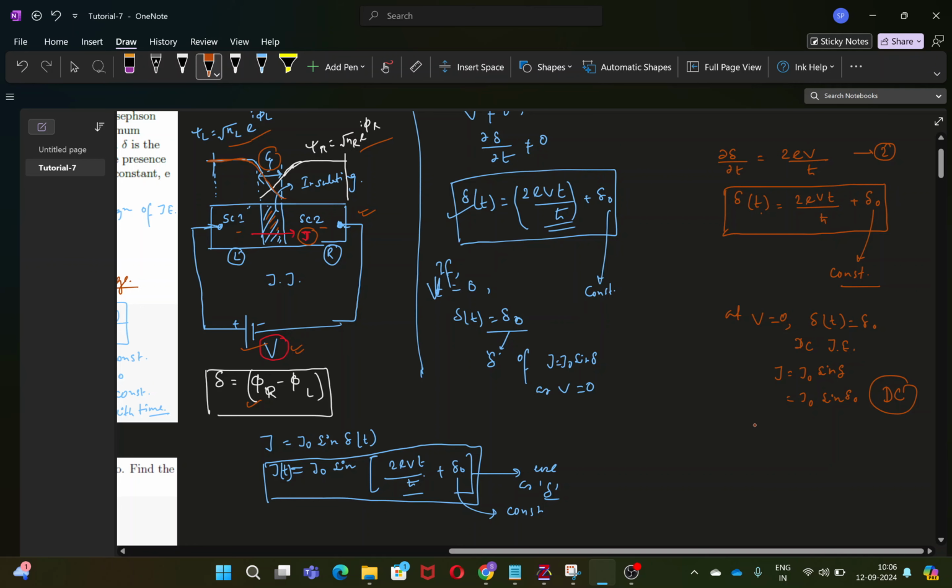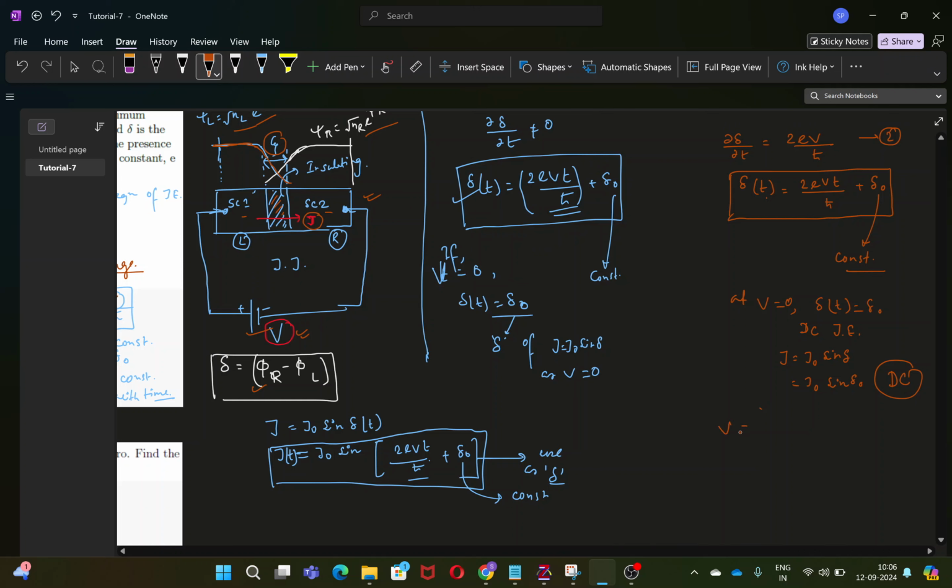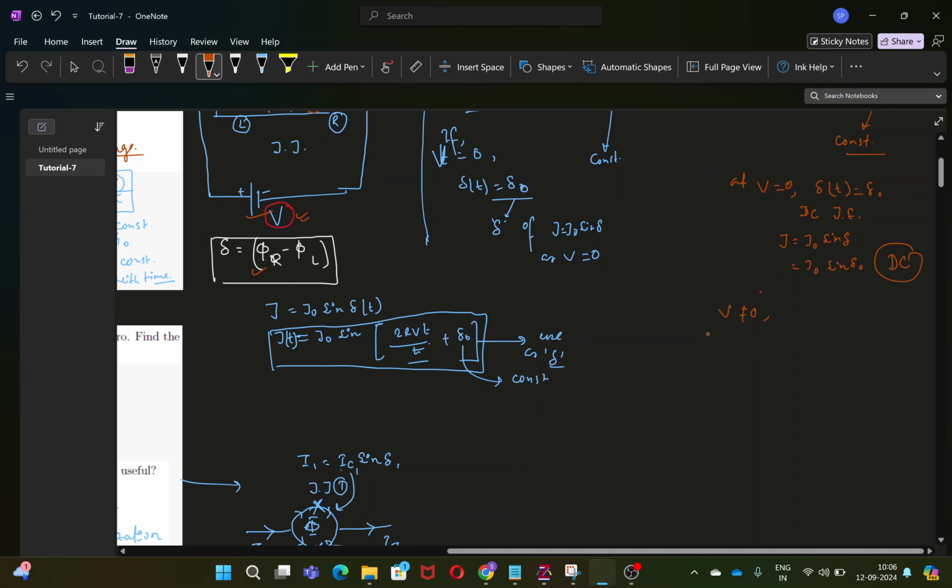But for the AC Josephson effect, which is the case asked in the question, you have a finite V not equal to 0 voltage applied. So the right hand side is not 0. Instead, the net expression of the phase is now modified to a time dependent term like this. Then your tunneling current density J will be a time dependent current.